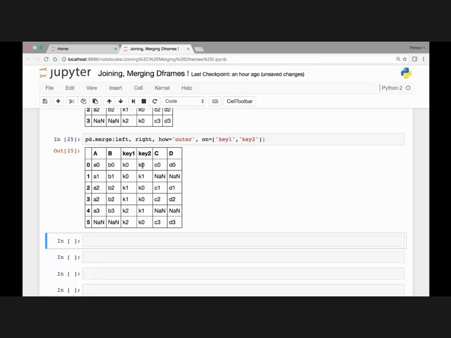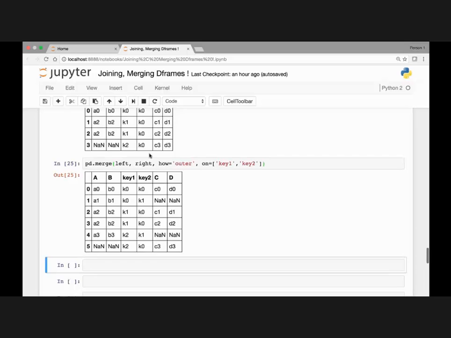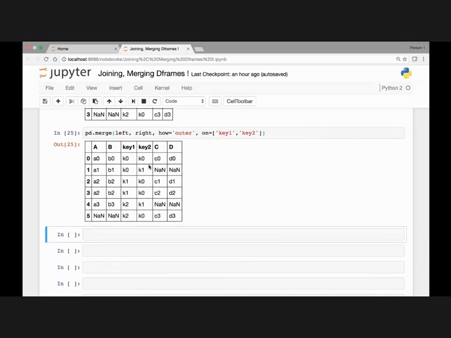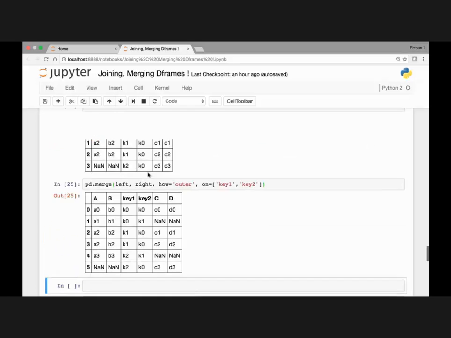and then the remaining. So notice the not a number or no values wherever that key combination is absent in either of the data frames. So for instance, we don't have a K0 and K1 combination in the second data frame. So the values for C and D are not a number or missing data. Right?